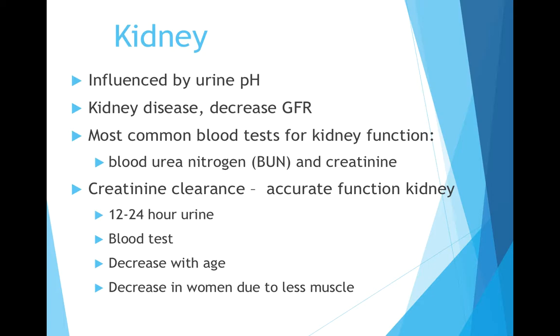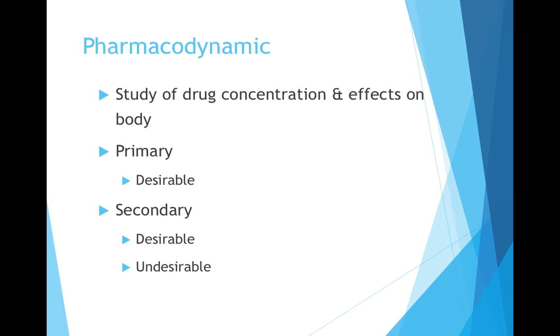And we tend to also sometimes measure accurate function of the actual filtration of the kidneys through the glomeruli by doing creatinine clearance tests. And we know that the creatinine clearance will decrease with age. It will decrease in women due to less muscle mass. But these are all important things to recognize related to kidney function.